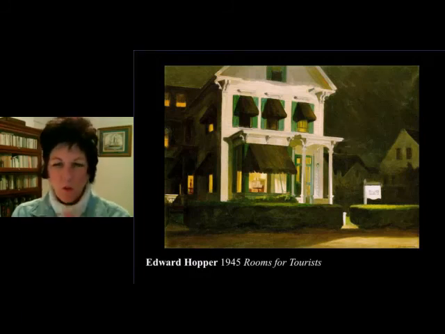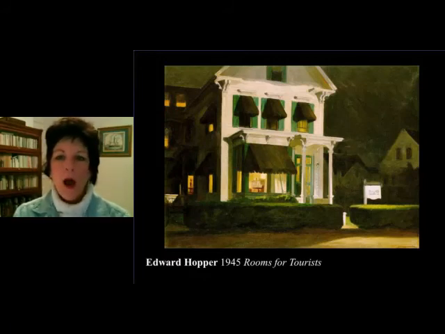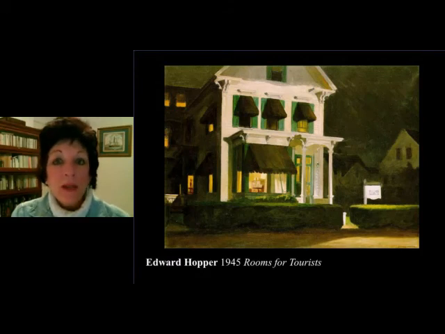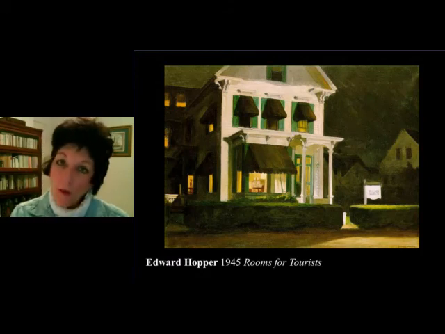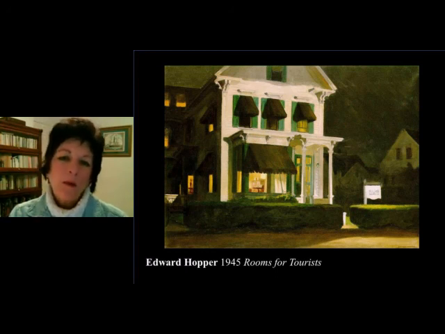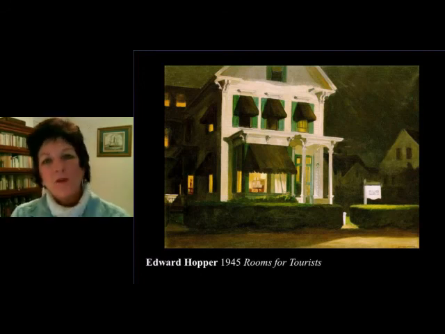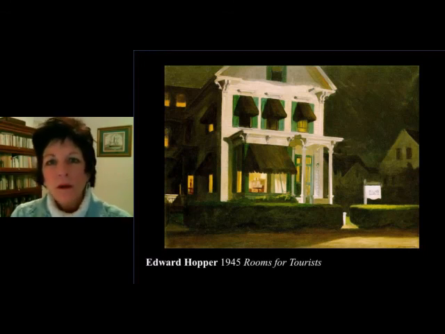Why this weird kind of green and yellow color scheme? Why the particular type of day? Why oil painting? What does 1945, if anything, have to do with the way he's working? All of these things help us glean bits and clues as to why the artist is producing this work. Okay? That's what you need to be thinking about when you think about critical analysis.